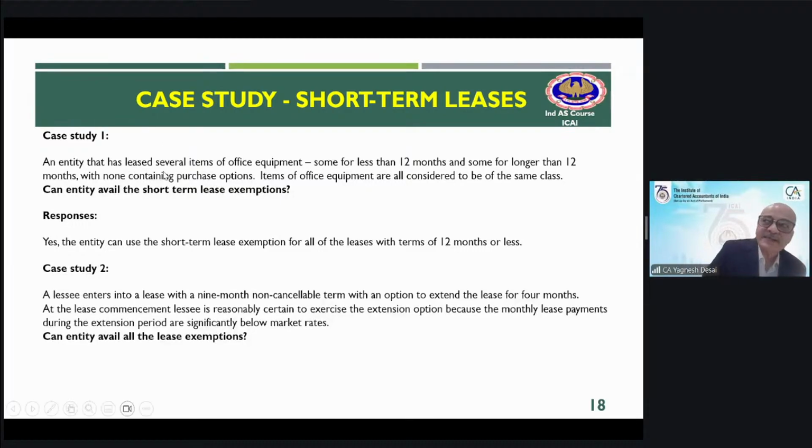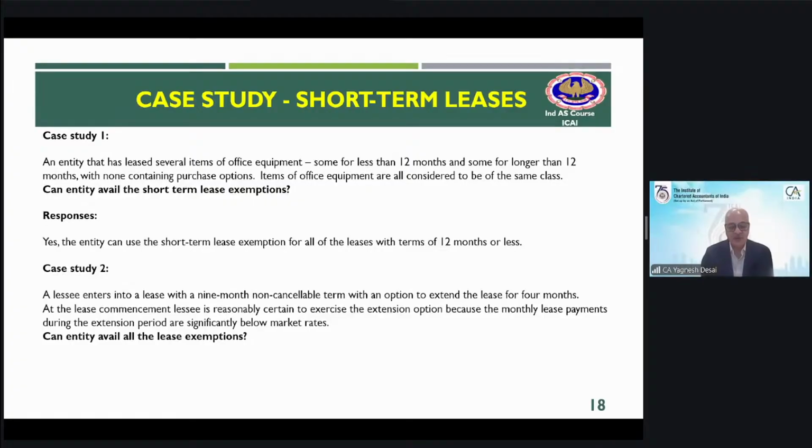An entity has leased several items of equipment, some for less than 12 months and some for more than 12 months, with none containing a purchase option. The criteria here is the absence of a purchase option and absence of renewal rights.